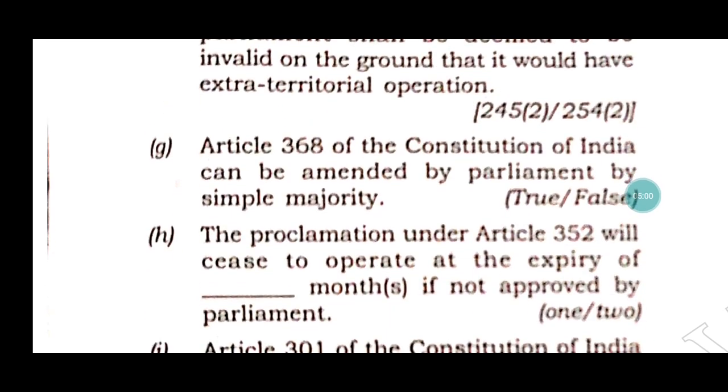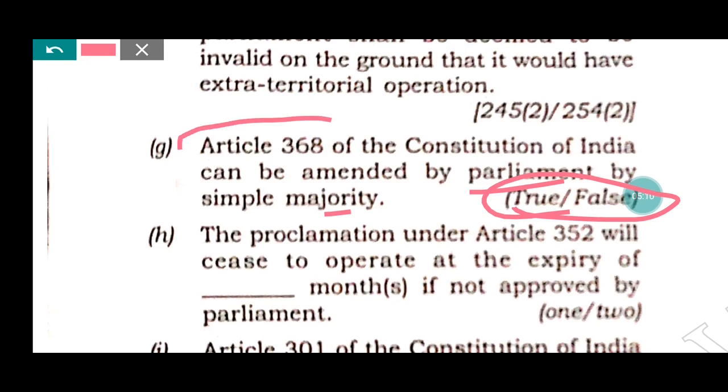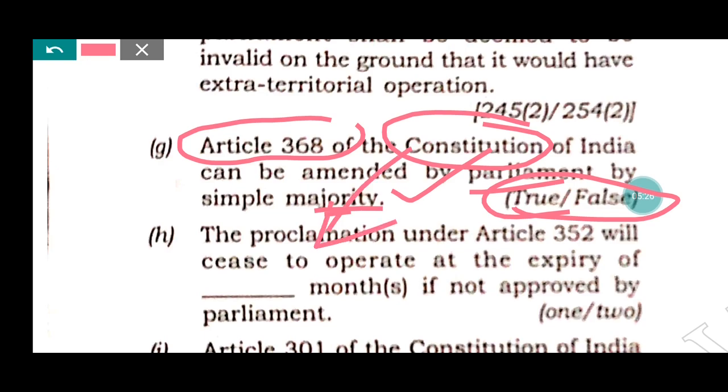Look at the next question. Article 368 of the Constitution of India can be amended by the Parliament by simple majority. Is it true or false? Article 368 deals with amendment of the Constitution. Now the question is asking whether this can be amended by a simple majority. We already know that the Indian Constitution is a blend of rigidity and flexibility.